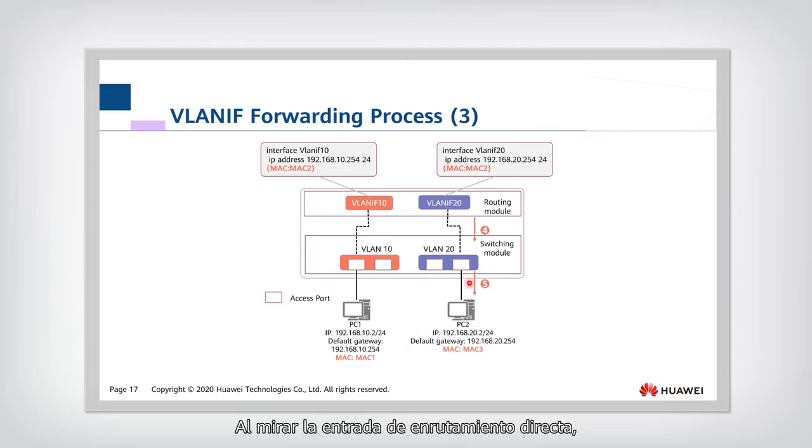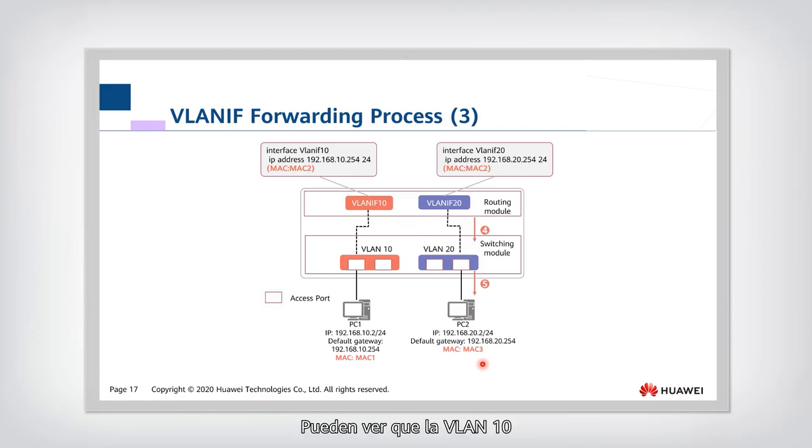So by looking at the direct routing entry, VLAN interface 20 can know that it should forward the packet through this interface. And then it goes to the switch, and the switch, by checking the MAC address table, can know that for the MAC address of PC2, it should forward through this interface. So that's all for the VLAN interface forwarding process.